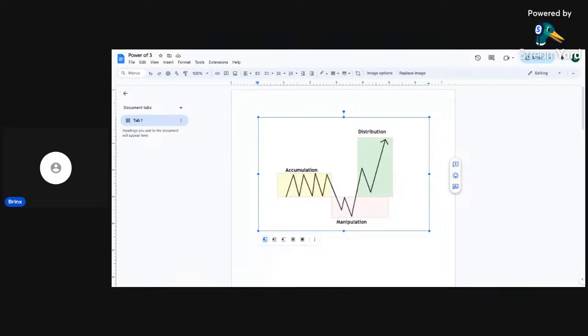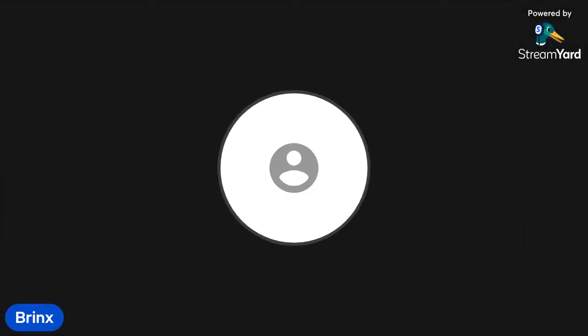So let me remove this and hop over to TradingView. I'm assuming everybody's familiar with TradingView. I'm going to pull up your normal EUR/USD chart. This is the chart that everybody should be familiar with.